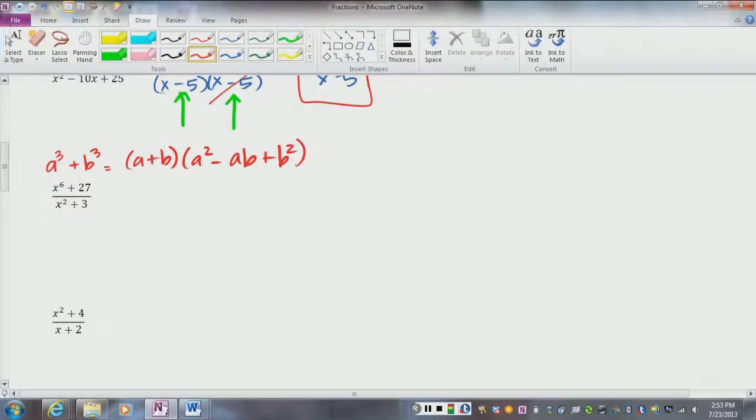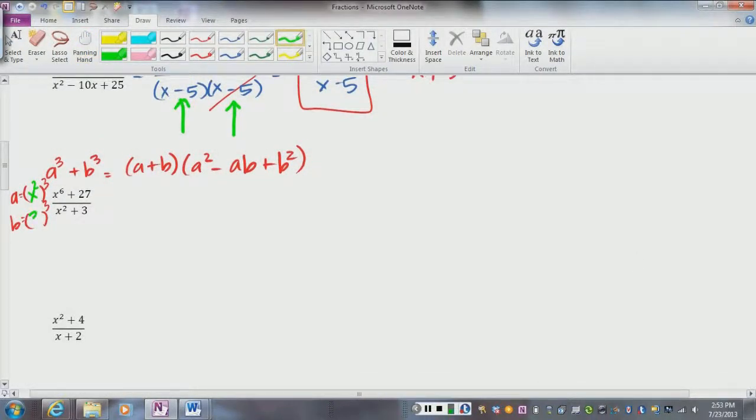In this case, my a is going to be x squared. My b is going to be 3. Remember, x squared raised to the third power gives me x to the sixth. 3 to the third power gives me 27.